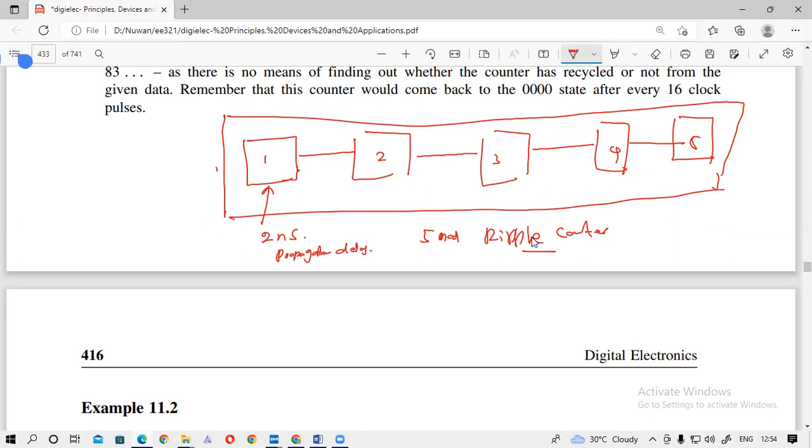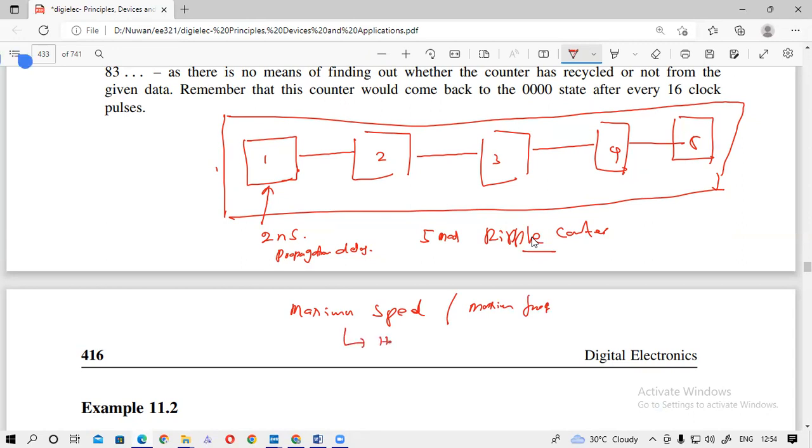So what is the maximum frequency you can count? The maximum speed means how many counts per second.